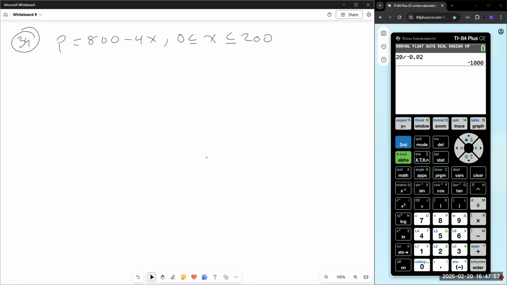And so we want to find again where this is elastic, inelastic, unit elastic. So P divided by x is 800 over x minus 4, and dP dx is -4, making eta equal to 800 over x minus 4 divided by -4, which will be -200 over x plus 1.